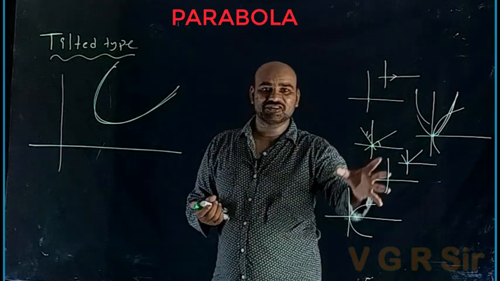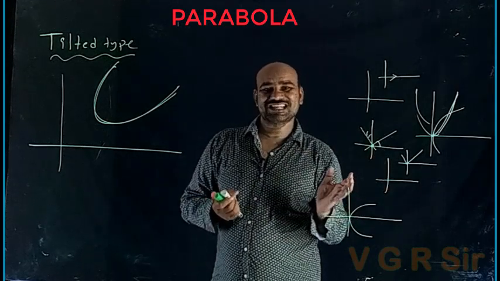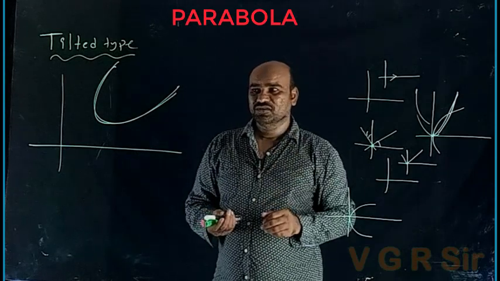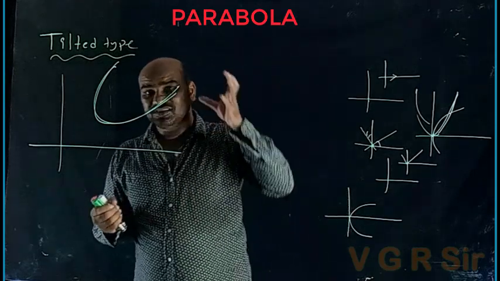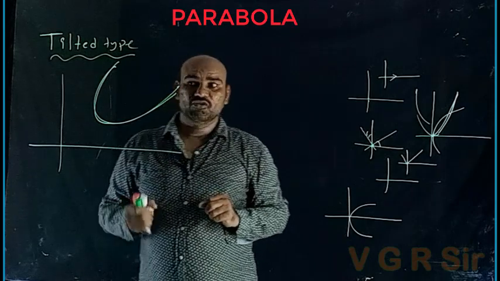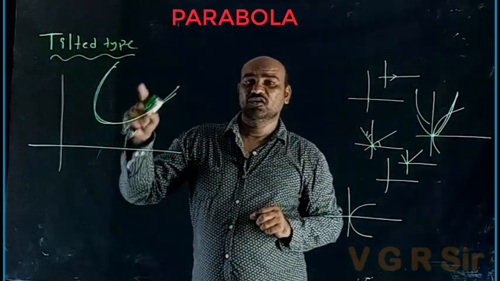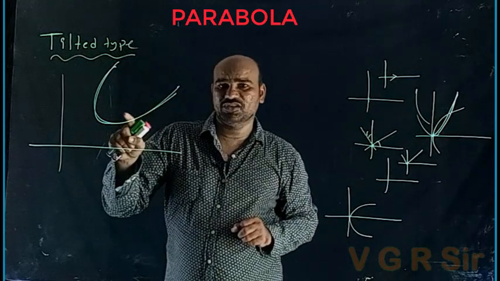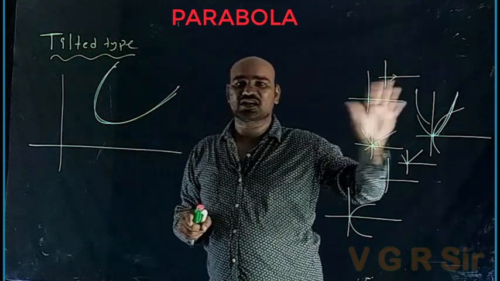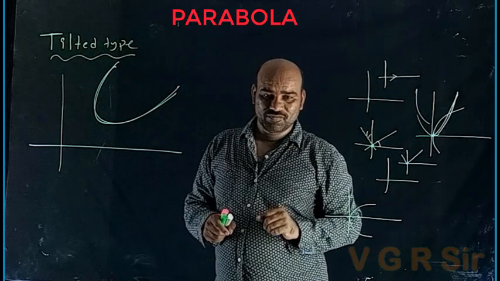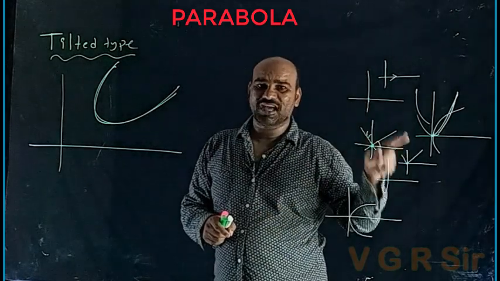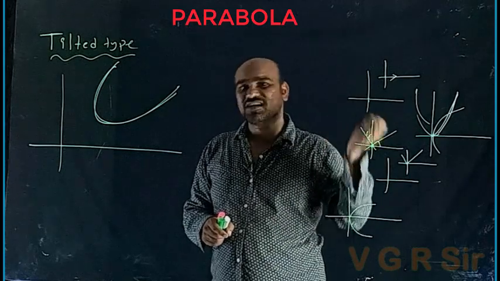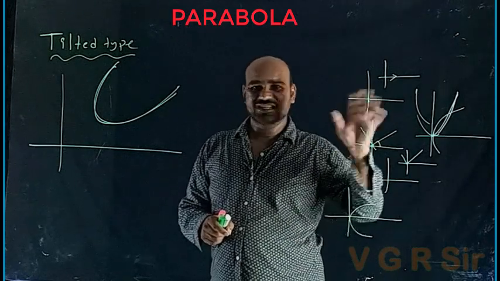In this language you can say that translation and rotation both are applied to the basic form. That's why for this parabola, to find the focus, the equation of the axis, or everything about this parabola, those results are not applicable. For all those results, your axis is either parallel to the x-axis or parallel to the y-axis, or along the x-axis or along the y-axis. These are standard forms.